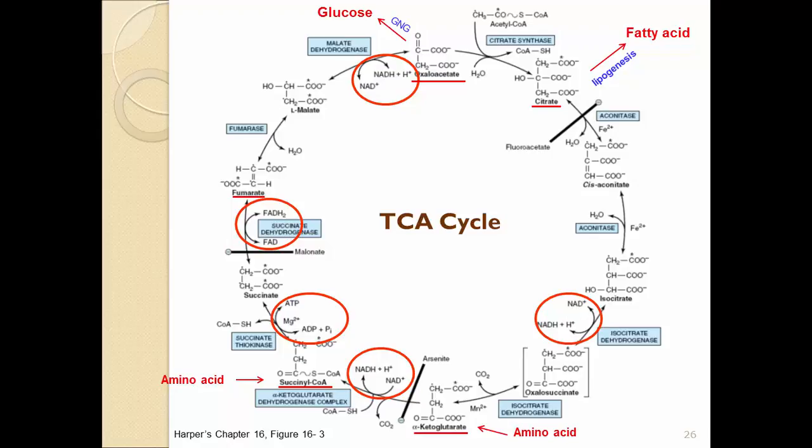Sorry, not directly. I mean the overall, right? I mean directly only 1 ATP, but indirectly from the reducing equivalents, right? So 12 ATPs generated from the TCA cycle, one at the substrate-level phosphorylation, and the rest from the electron transport chain, initially from 3 NADH and 1 FADH2.